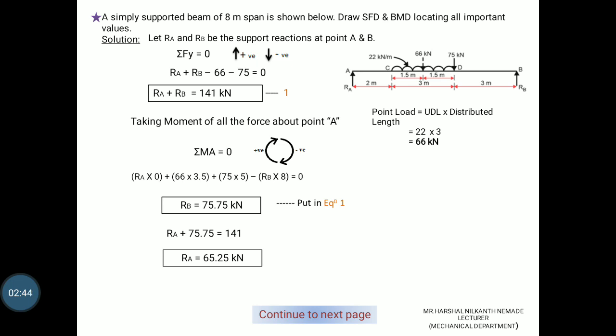Clockwise rotation positive, anti-clockwise rotation negative. RA multiplied by 0 plus 66 multiplied by 3.5 plus 75 multiplied by 5 minus RB multiplied by 8 is equal to 0. RB value I will get 75.75 kilonewton. I will put this value in equation 1 and get RA equal to 65.25 kilonewton.